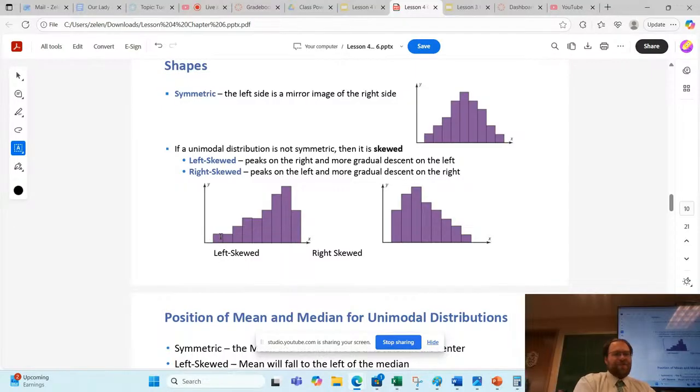So it takes more of this side to get to 50% than it does the taller side, because there's more. So the median might be somewhere around here, but the mean might be somewhere over here, just because you have a lot of low values that are going to bring these upper ones down.